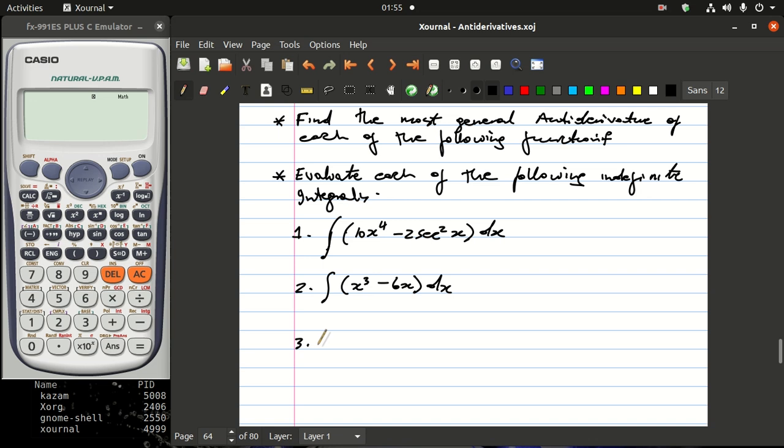The third one is going to be 2x cubed minus 6x, plus 3 divided by x squared plus 1, and then you have your dx.